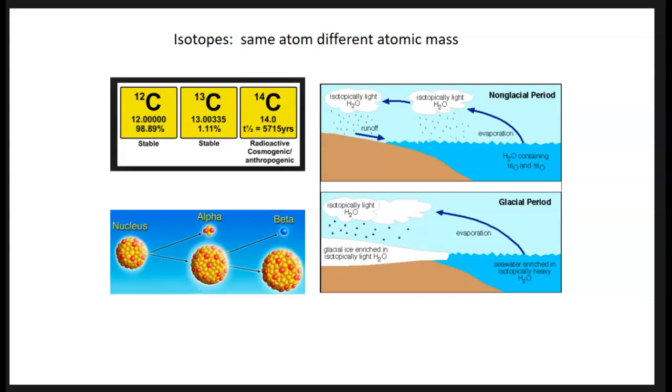So that changes the overall mass of that particular atom. The chemical properties of atoms with different numbers of neutrons are generally the same. And so we call these different massed elements isotopes. So isotopes are atoms with different atomic masses.